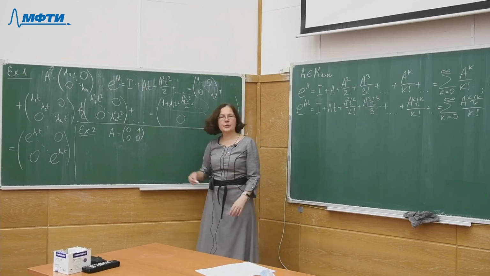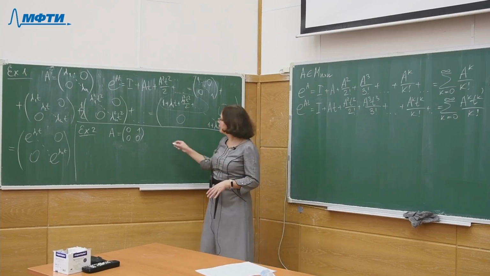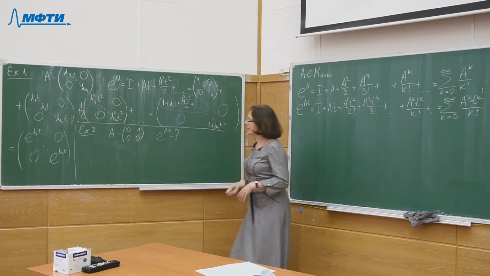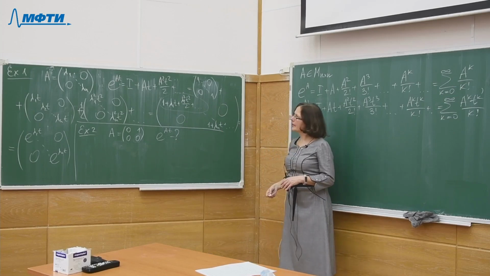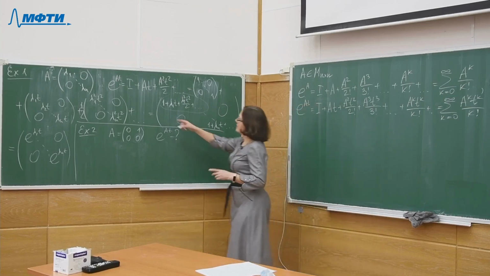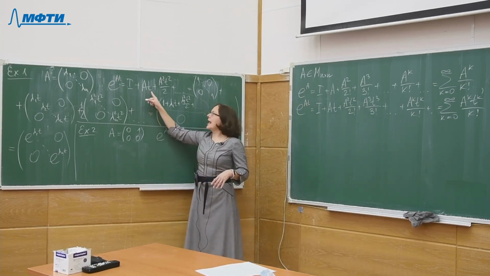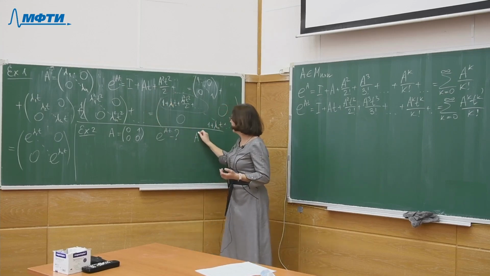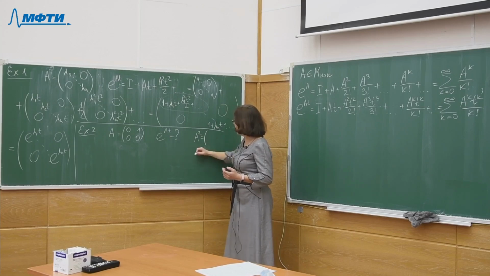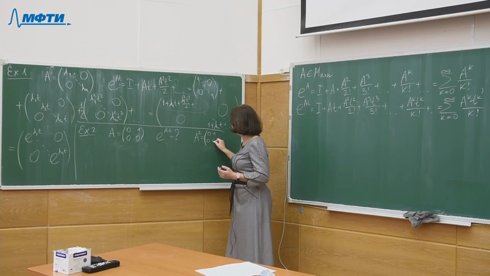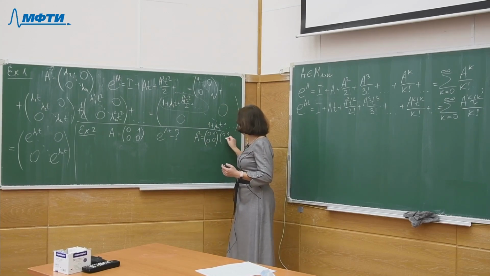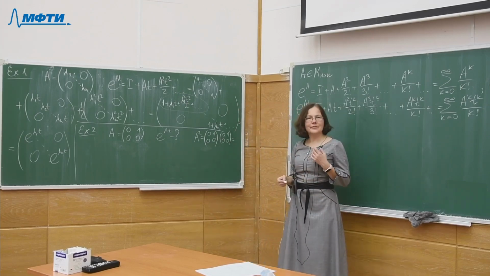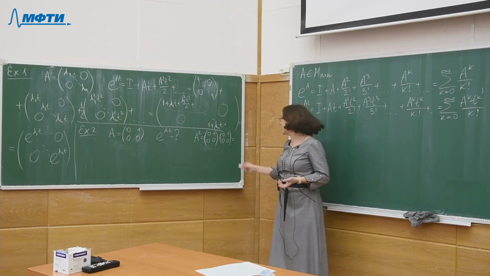Let's try to find e to the power At. What is it? Okay, identity matrix plus At plus, what is A squared? Let's find A squared. It is A times A. What is it? A zero matrix, right?